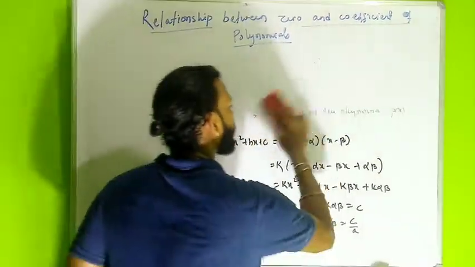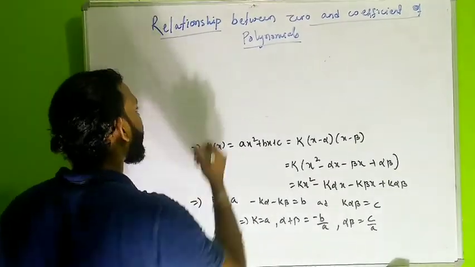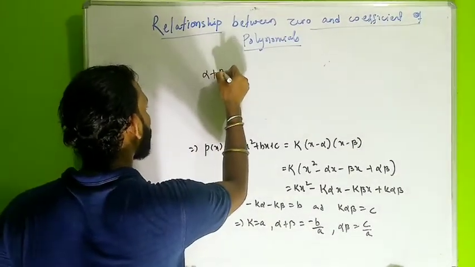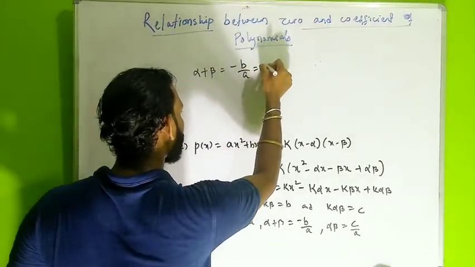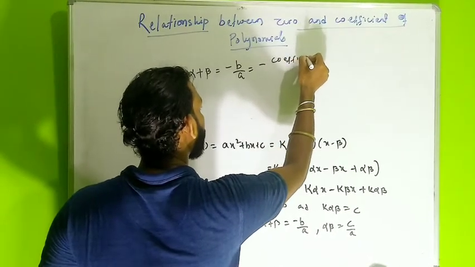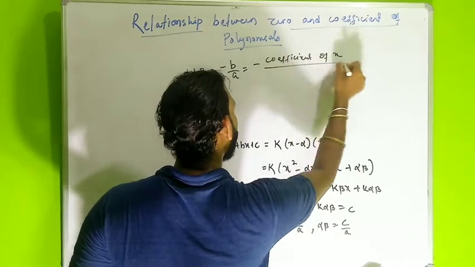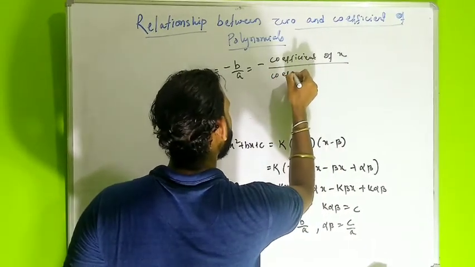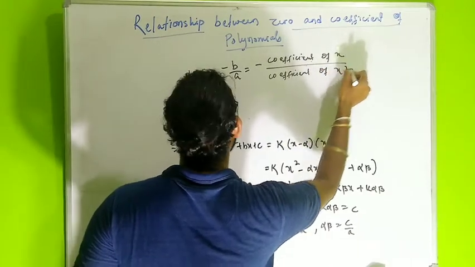So I will say the sum of two zeros is equals to minus b by a, that is equals to minus coefficient of x divided by coefficient of x square.